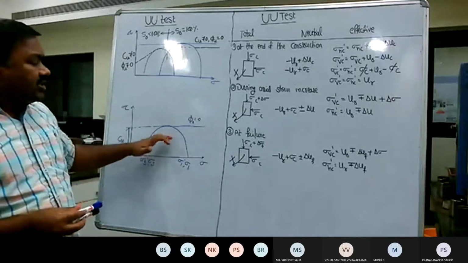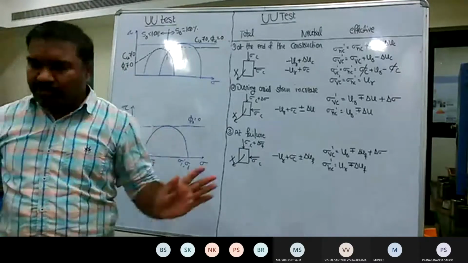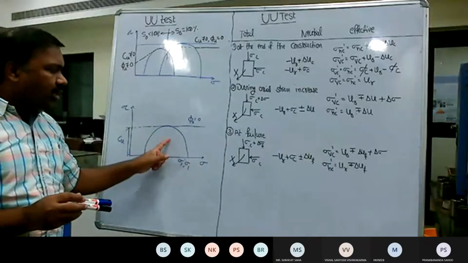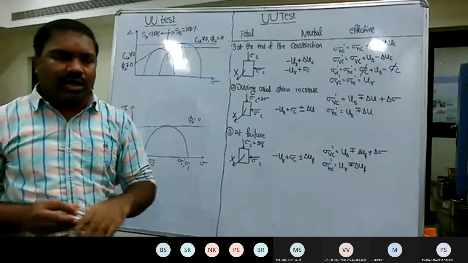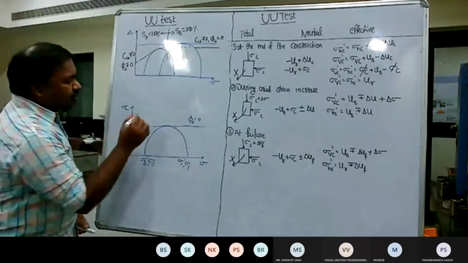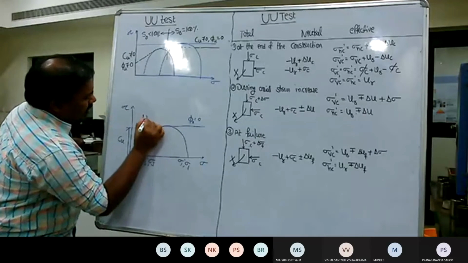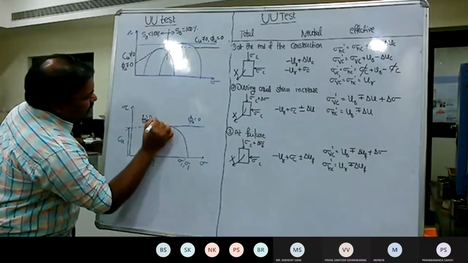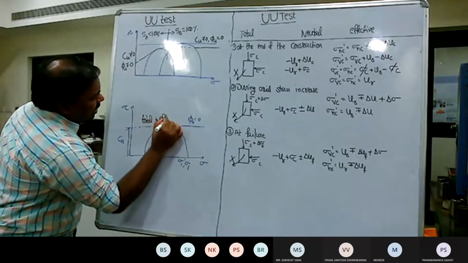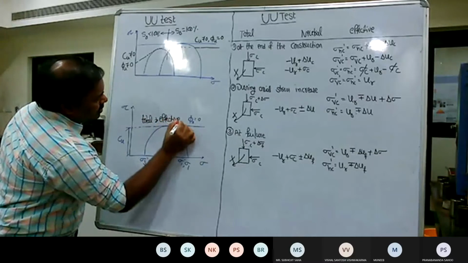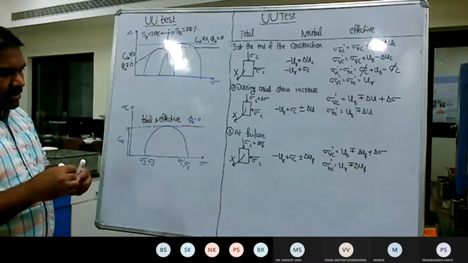But if you saturate the sample fully, irrespective of the field condition, you will get only one Mohr circle, corresponding to both effective and total. A single Mohr circle.